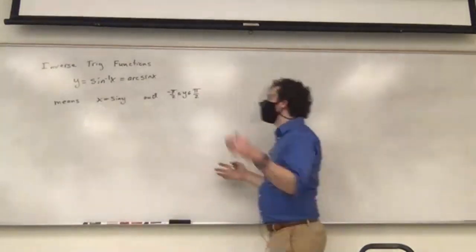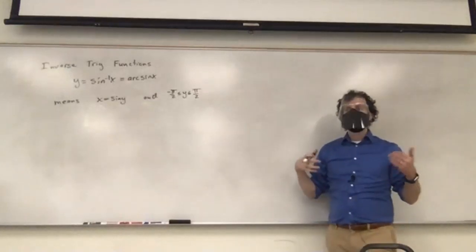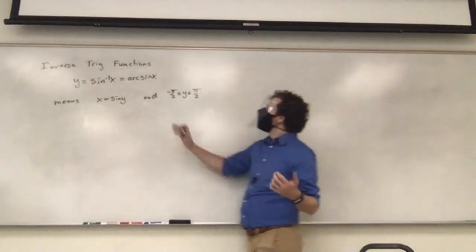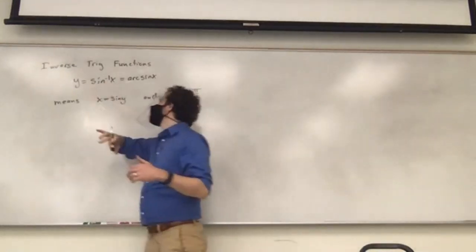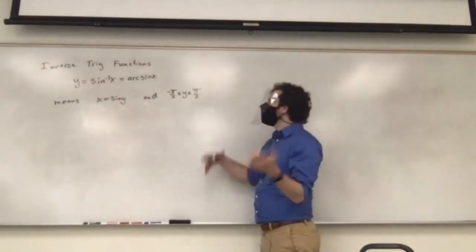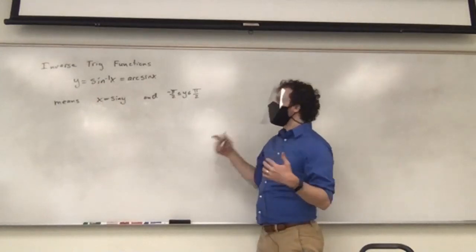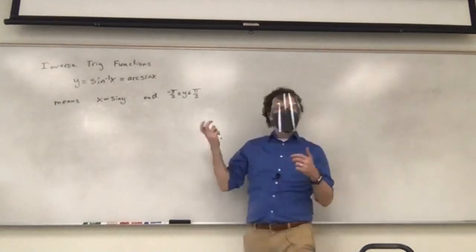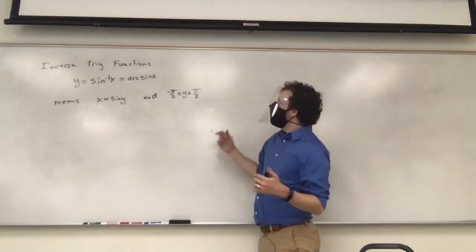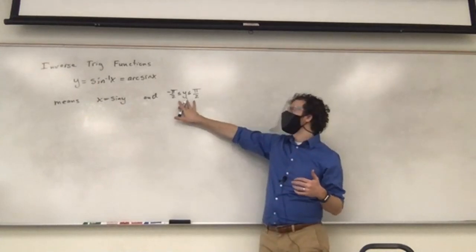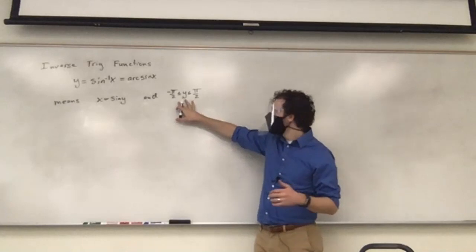What sine does is it takes in an angle and spits out a number between -1 and 1. What the inverse function does is it takes in a number between -1 and 1 and outputs which angle produces the number x that you picked. And among the angles that work, you have to pick the one from negative pi over 2 to pi over 2.